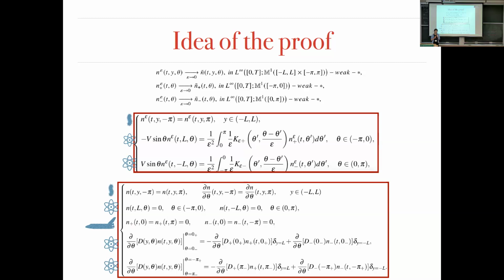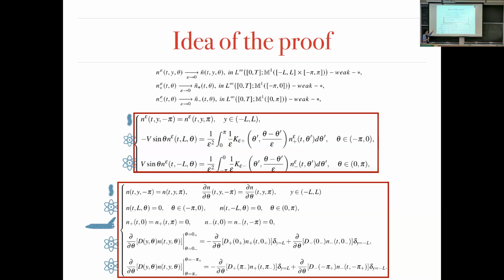And for those cells that attach to the boundary, the theta variable can only be from 0 to pi, because only those cells moving towards the boundary can attach to it.